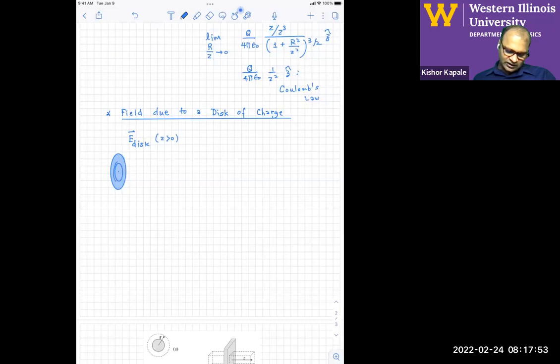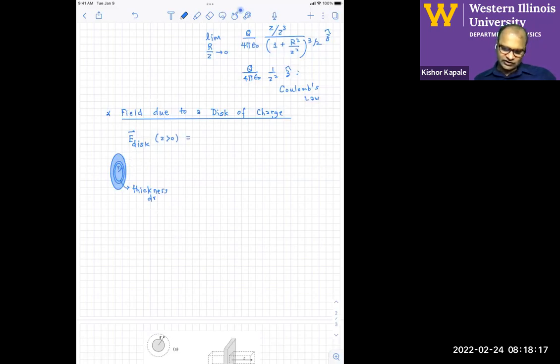You could think of the disk as being divided into rings of small radius, let's say r, and a thickness dr. It's a standard integration technique.